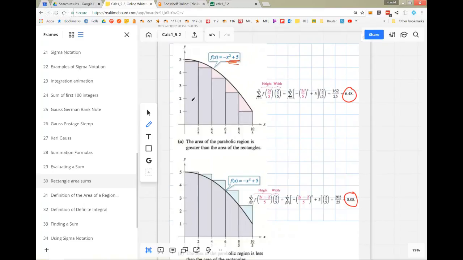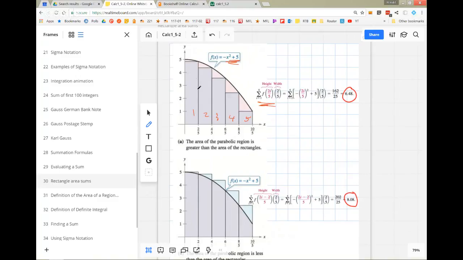One way of doing it is dividing it up into some rectangles underneath. Now that's not perfect, because you can see the rectangles fall short, and you get that excess pink area there. Well, that's basically a summation, adding up the area of rectangle 1 and rectangle 2 and rectangle 3 and so forth, adding up all your rectangles, and you get a summation problem.